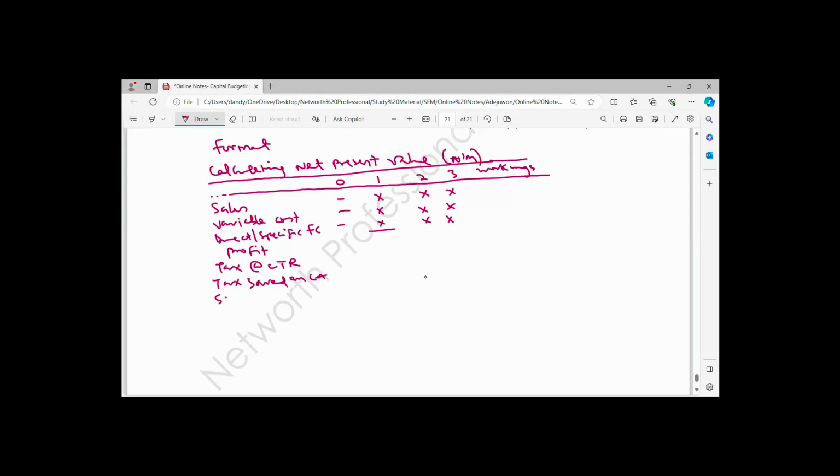Then you can have scrap value. You're also going to have initial outlay, and then working capital.